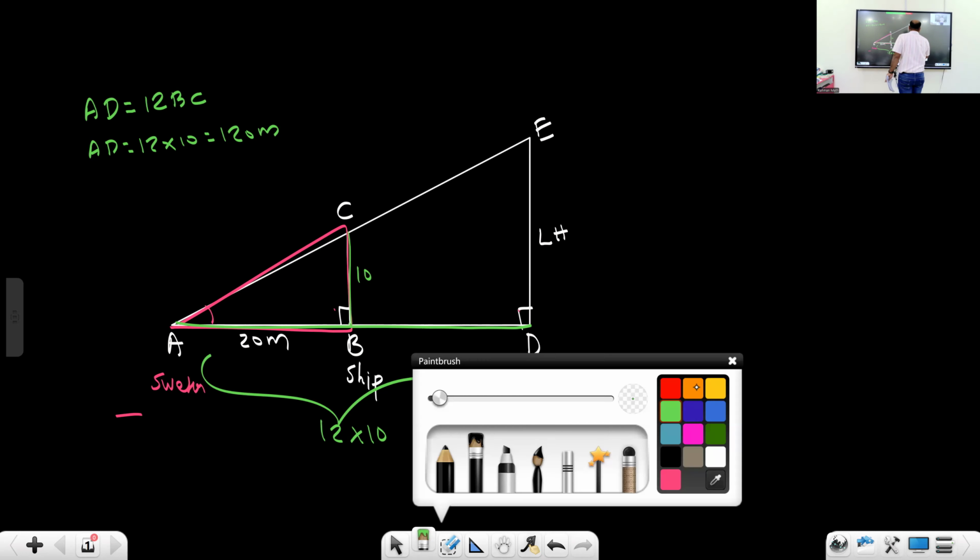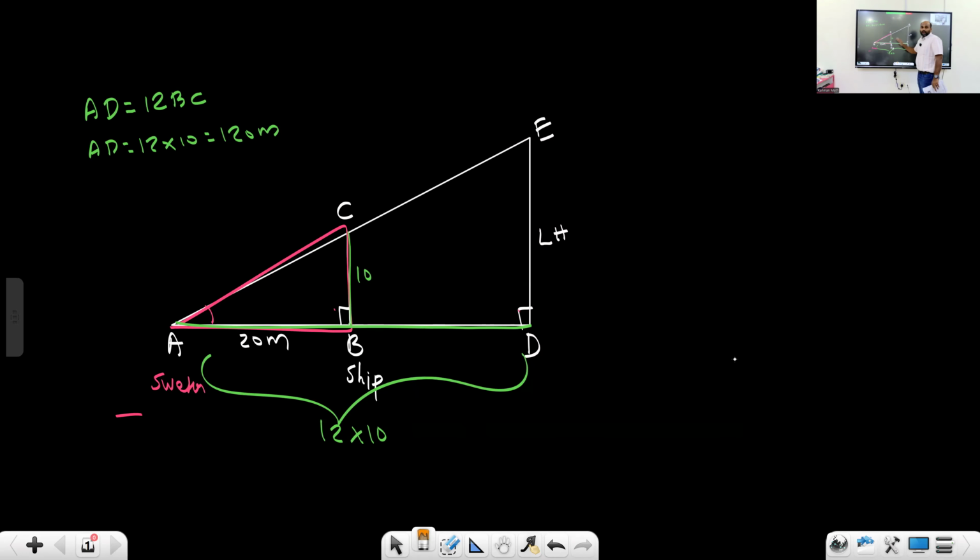Height of the ship and the lighthouse. Now, already these two triangles are similar. So what can we say? This by this equal to this by this. Can we say like that? This by this equal to this base by this one. Right?